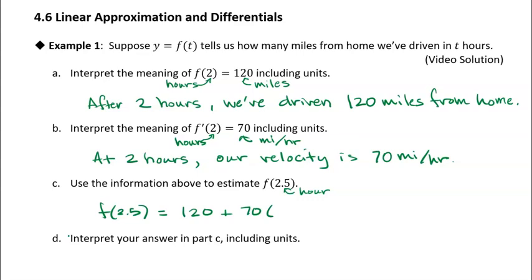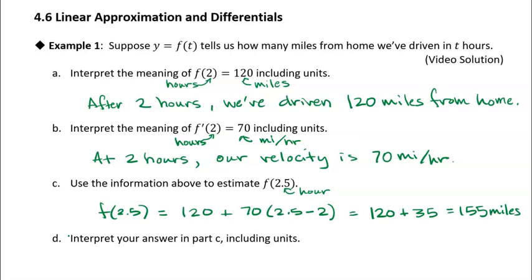We're taking 2.5 minus 2, the time difference, and multiplying by the 70 miles per hour. If we travel 70 miles in 1 hour, then we would travel 35 miles in a half an hour. So you end up with 120 plus 35, and we get 155 miles. That would be our estimate.